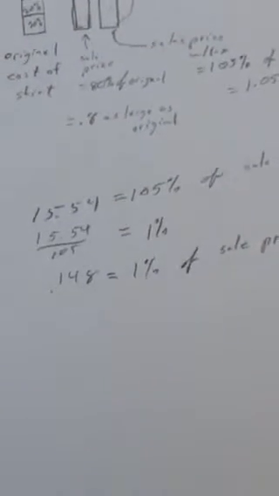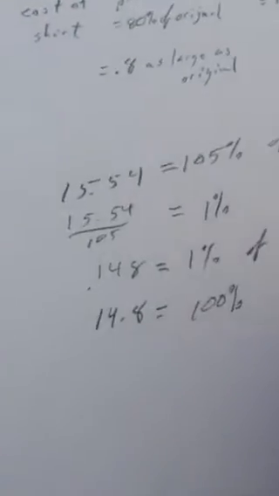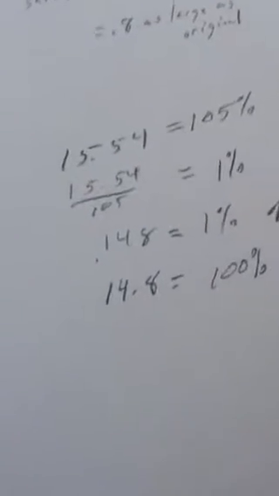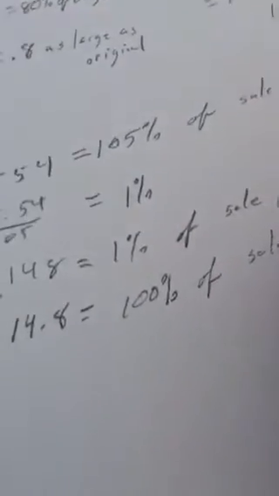If we know 1%, we can easily find out 100%. Just multiply both sides by 100, and you find out that the sale price of the shirt is $14.80. So it's 100% of the sale price, right? Okay, so we can go back up to our picture now, and we can say that this tower right here has a value of $14.80, right? That tower.